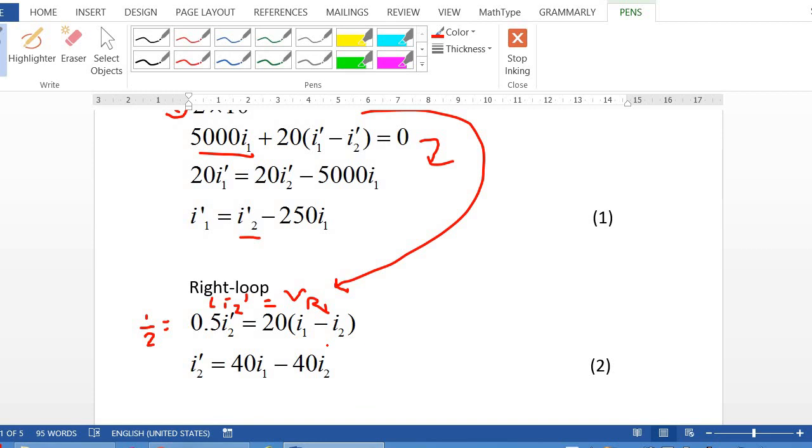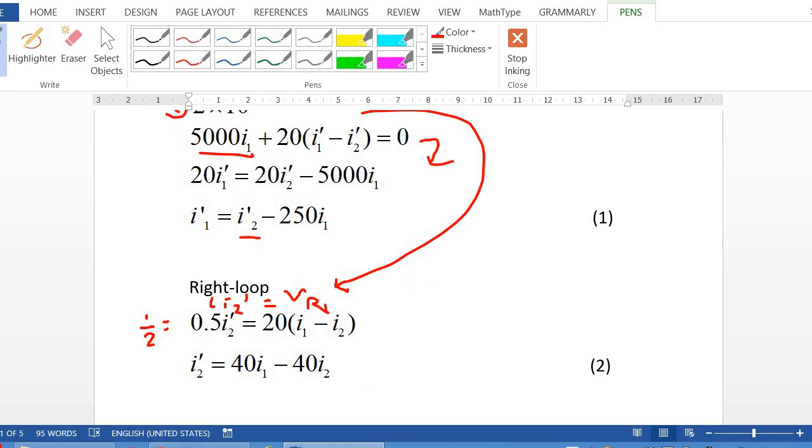So the second equation is already in the nice form. As I said just now, di2 dt equal to c i1 plus d i2. However, the first equation is still in terms of I2 prime.